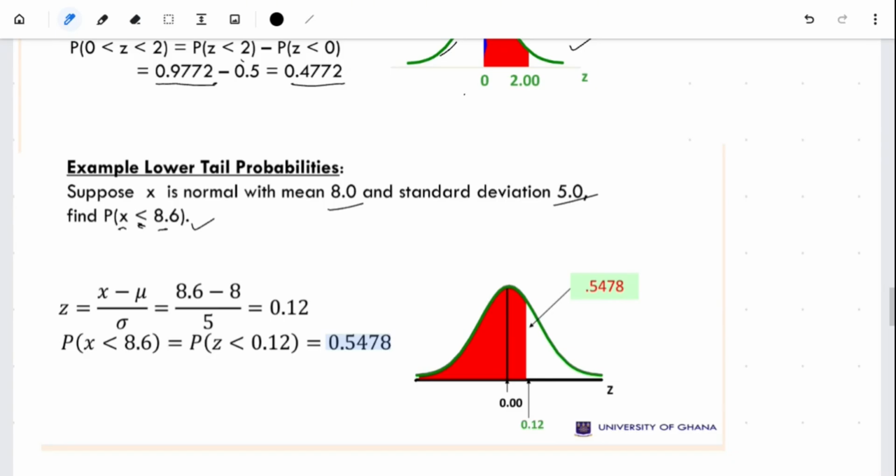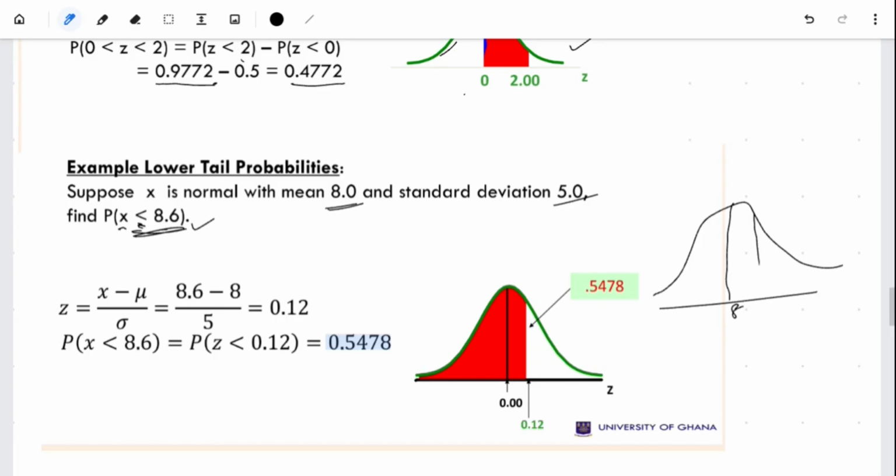So you are finding the probability, therefore you have to first draw a diagram, right? And then we know our mean, which is 8. So when you draw a diagram, it will be like this. Sorry for my sketch, right? So we know our mean, which is 8, so we indicate our 8 here. And then we are finding the x value which is less than 8.6.